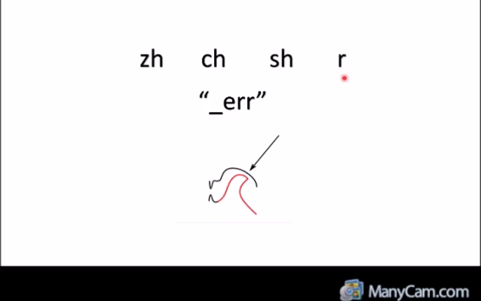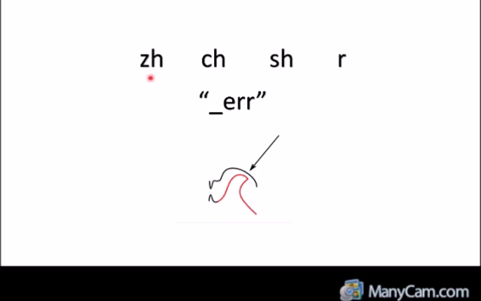So if I pronounce each one, R, R, R, R, R. If I pronounce it slower, R, R, R, R. I'm now going to repeat each one 3 times.